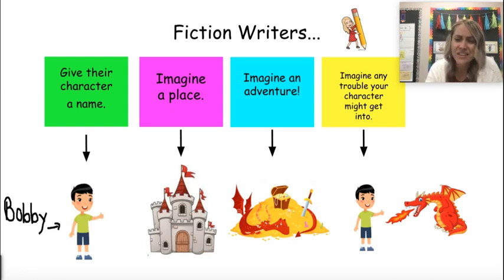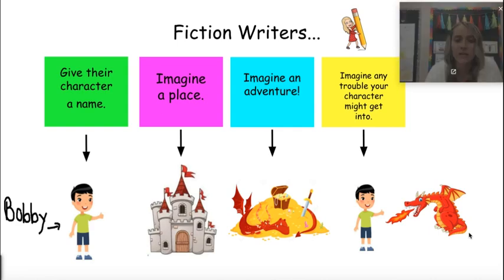And I think that Bobby is going to get into some trouble because dragons aren't usually very nice, especially if they're guarding treasure. So I think the problem that Bobby is going to have is this dragon is going to want to blow some fire at him. So I'm going to show you what I did to create some sort of problem in my story today.